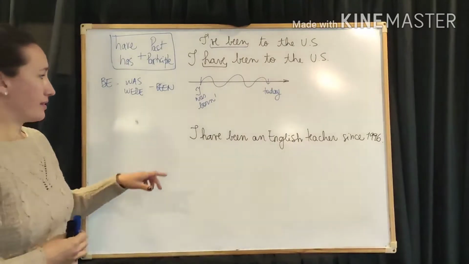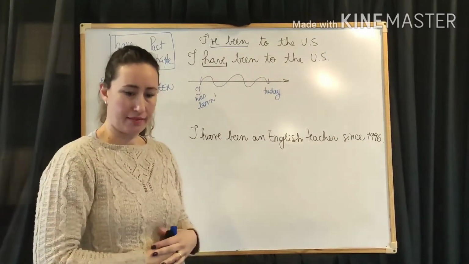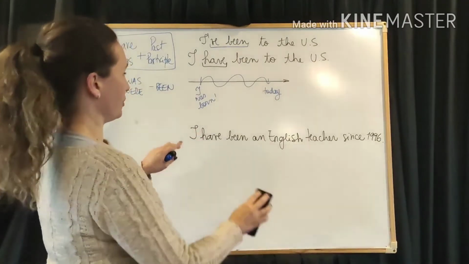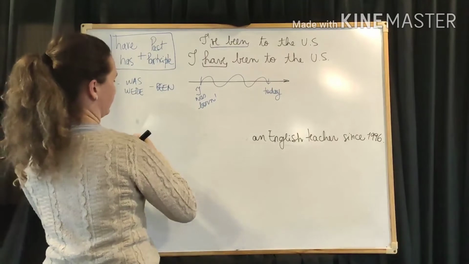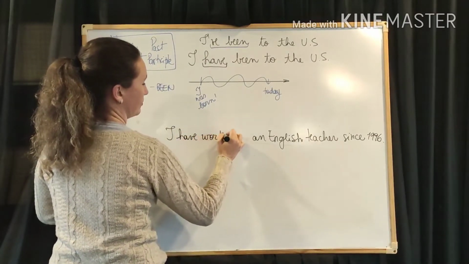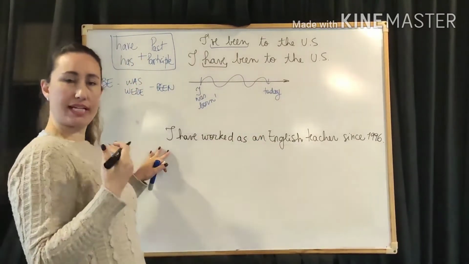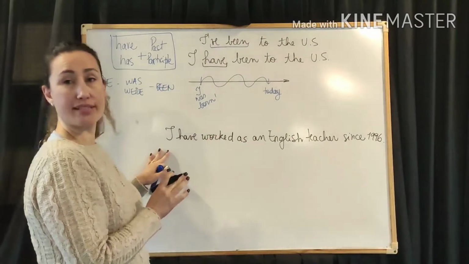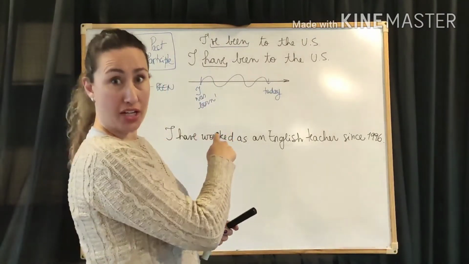In this sentence, I have been an English teacher since 1996. Or, let me use a different verb here. I have worked as an English teacher since 1996. And why did I change the verb here?